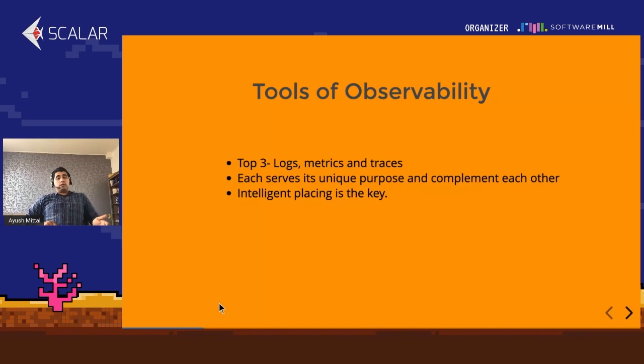Or for example, at the entry point of your software system, maybe it is a good point there to put a counter metric. So these tools are pretty common, but what is uncommon is their intelligent usage. So we must be careful in how we use these tools.